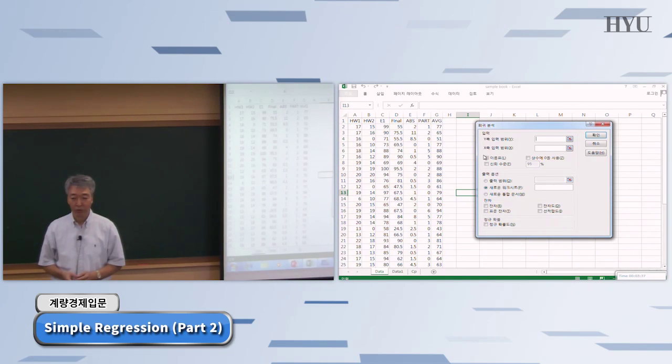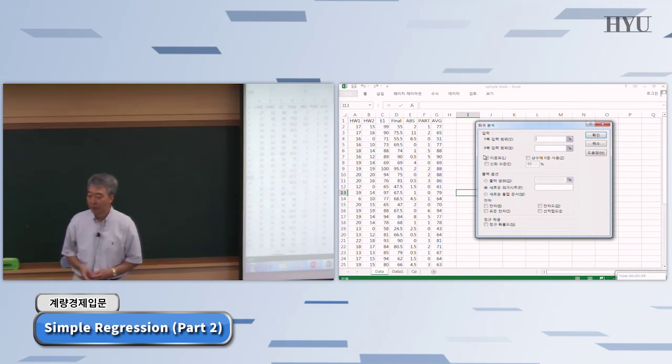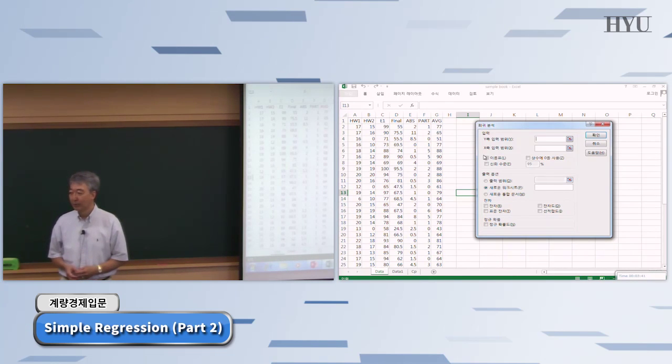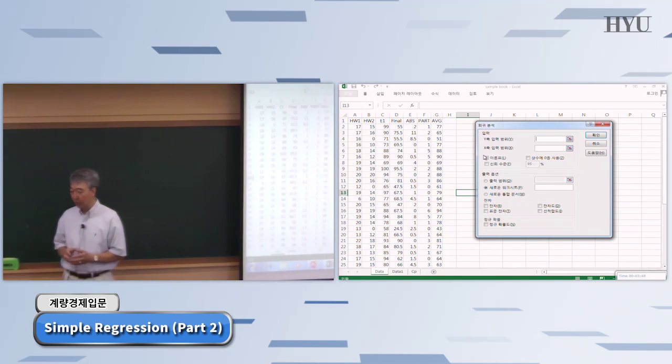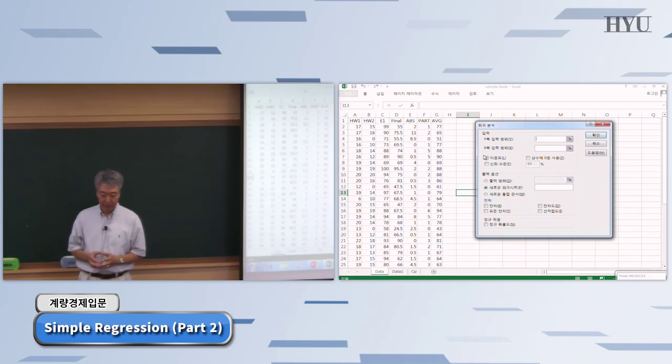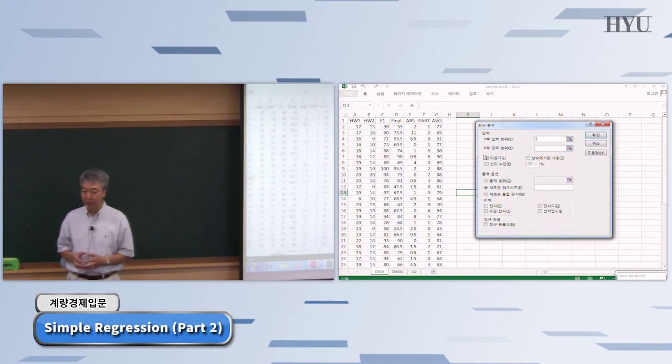Which do you want to use as independent? Let's choose two variables. Now we are running simple regression, one independent and one dependent, right? So what about final exam and final average? Which should be the independent? Final exam score should be independent, right?